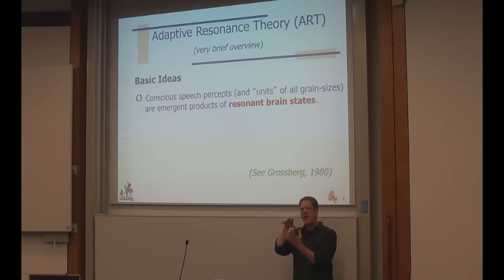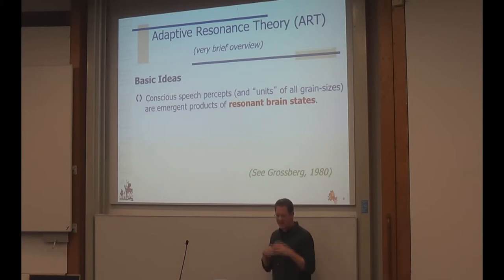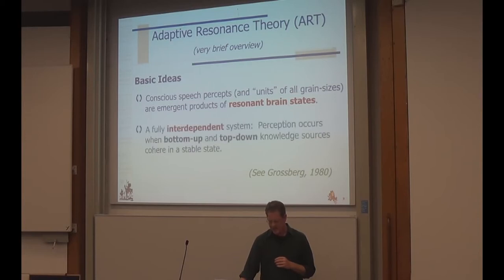And when that process takes place completely determines what you store as a memory. Putting it in my own earlier words, conscious speech percepts and appreciation of units of different sizes are emergent products of what Grossberg calls resonant brain states. It's really just a feedback loop.